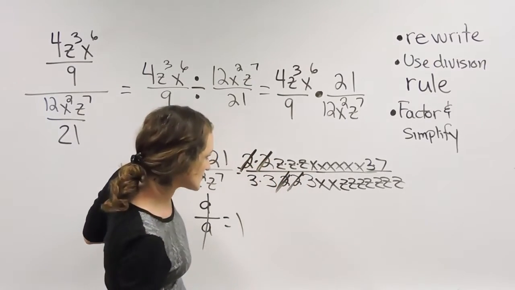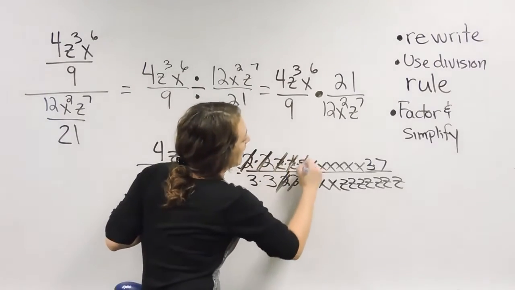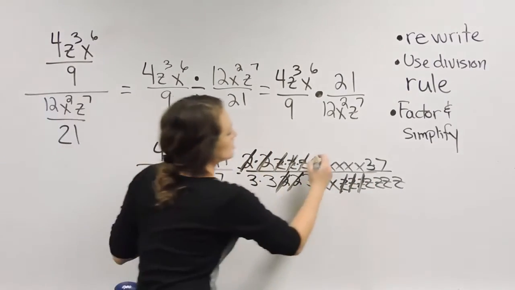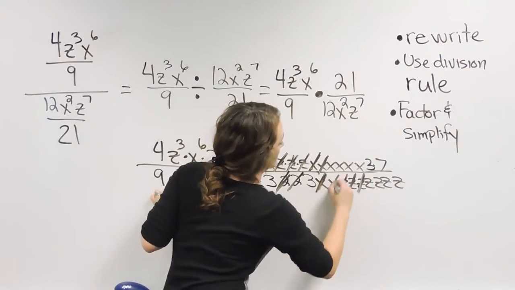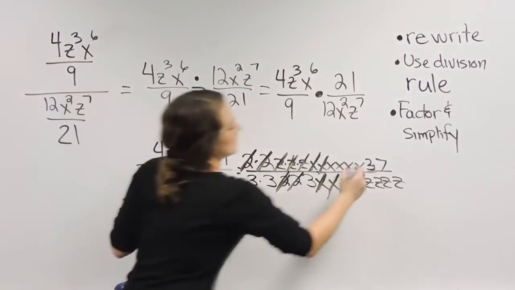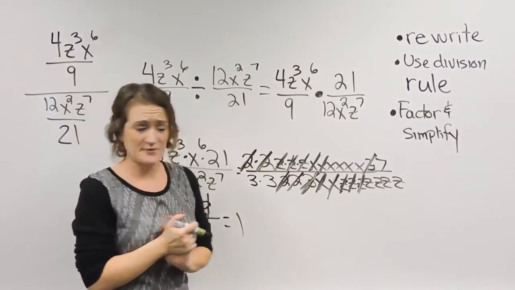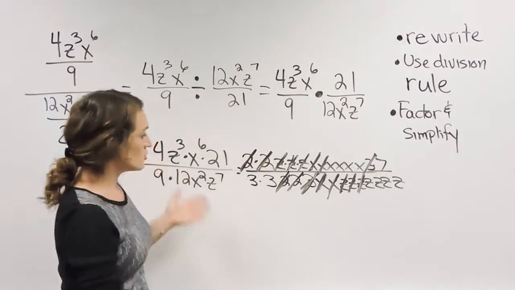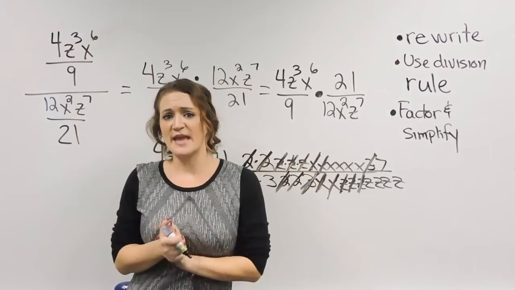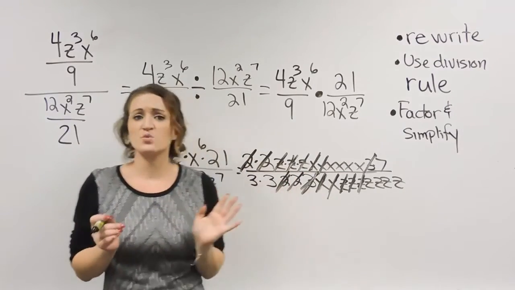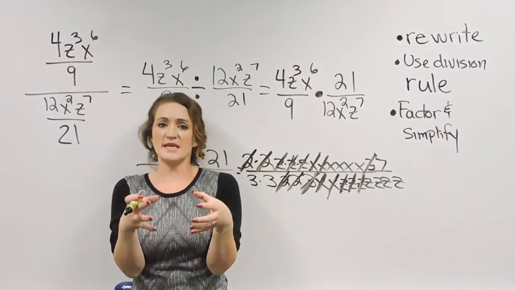Another 2 is going to cancel out. 3 of those z's will cancel out. 2 of the x's will cancel out. A 3 will cancel. And I think that's it. Do go over everything just to make sure you did cancel everything that you can. Otherwise, your answer is what you get when you put that all together.